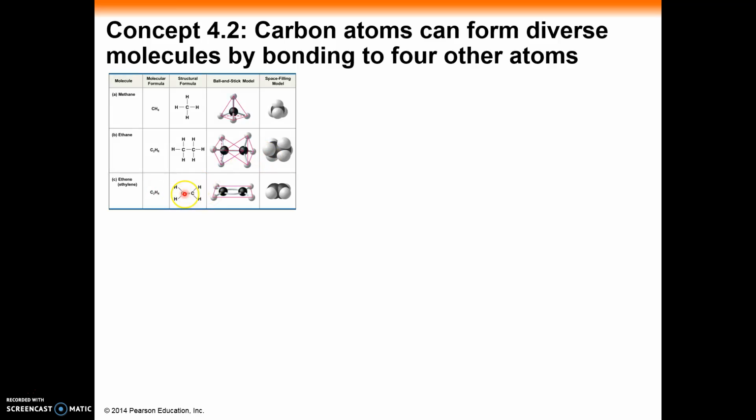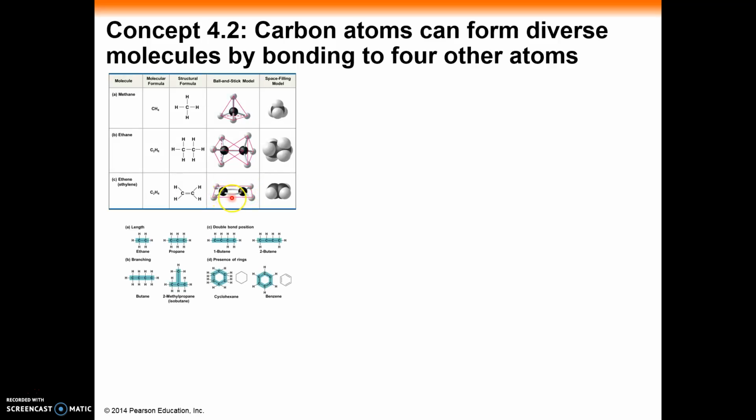But if we change that to a double bond, it now becomes planar, right? And this is what leads to that cis-trans issue. We discussed how we can change these carbons by length of the carbon chain or whether there's branching, where the location of the double bond is, or if we can form a ring.